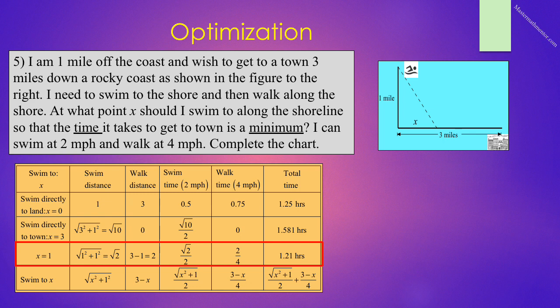So our swim time is the square root of 2 over 2, and our walk time is 2 over 4. Add those up, and we get 1.21 hours. So we have shaved off a little bit of time by going 1 mile in from the perpendicular.